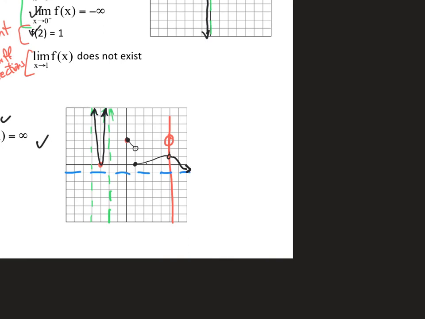This is just one way to draw this. You certainly could have put a point here and then made a hole here and then approached it that way. There's an infinite number of ways to come up with this, just as long as it fits the parameters that I gave you. All right, so I'm gonna clean this up a little bit because this isn't actually part of the graph.